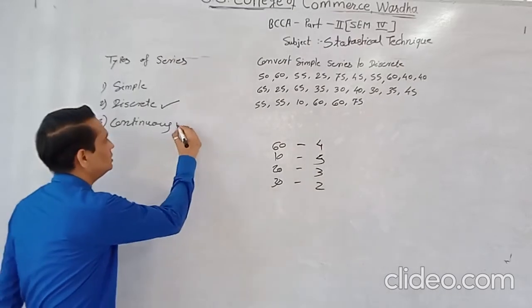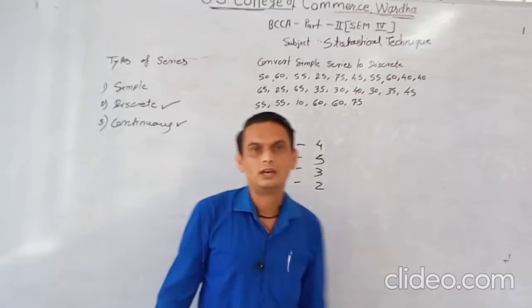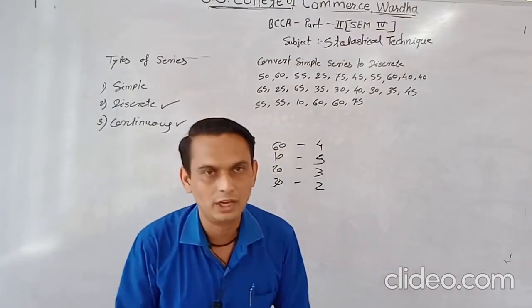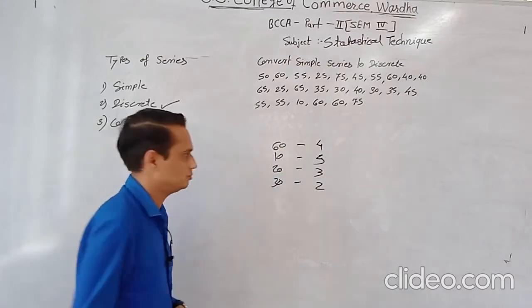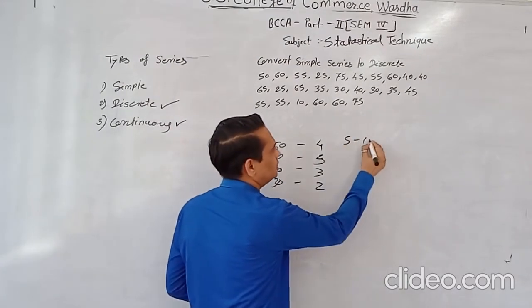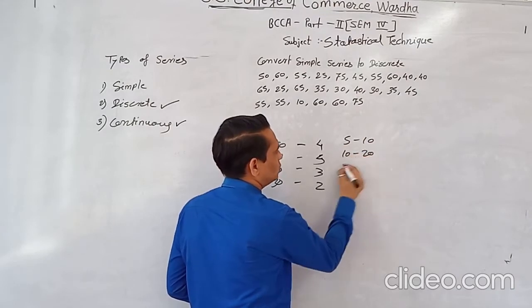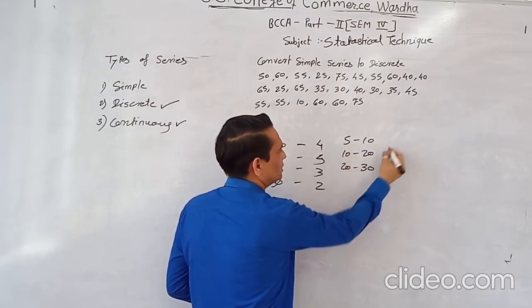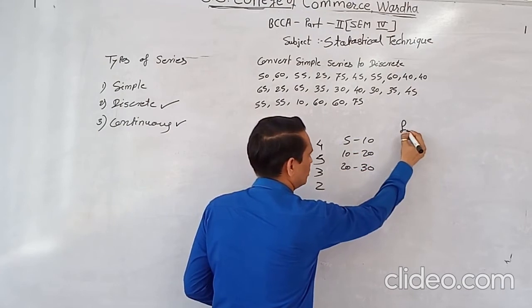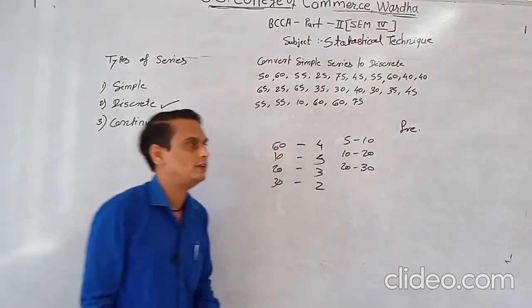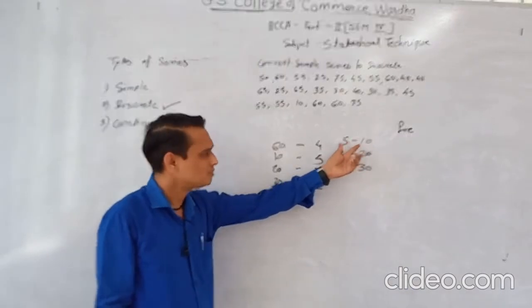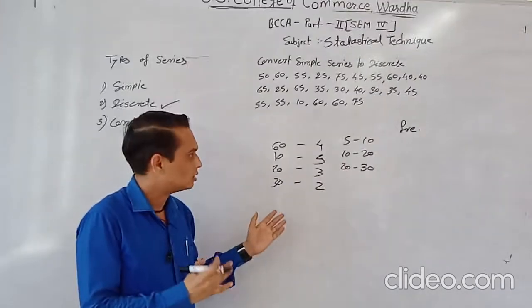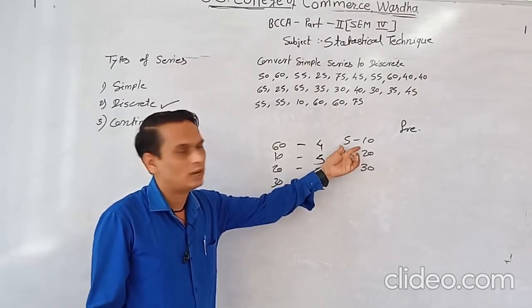Next is the continuous series. When the data and observations are available in the form of groups, just like 5 to 10, 10 to 20, 20 to 30, and its frequency is also available. For 5 to 10, how many elements come between 5 and 10?